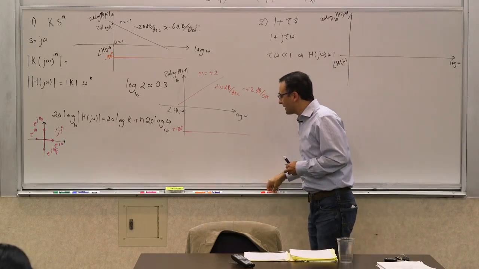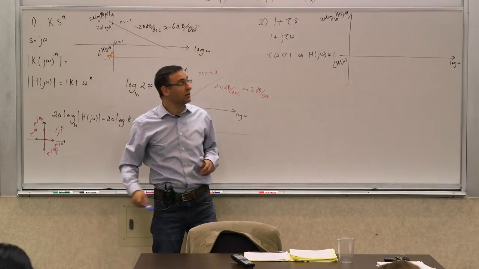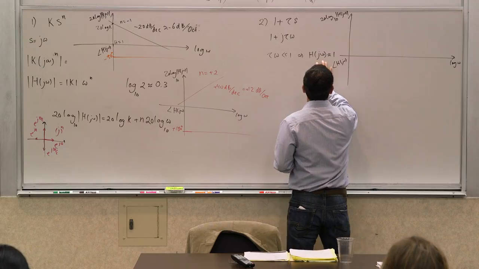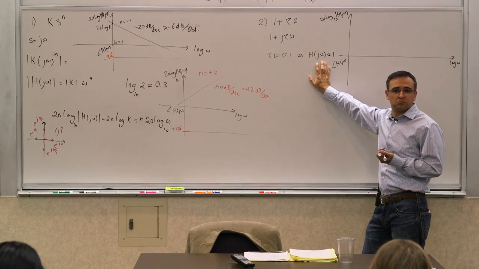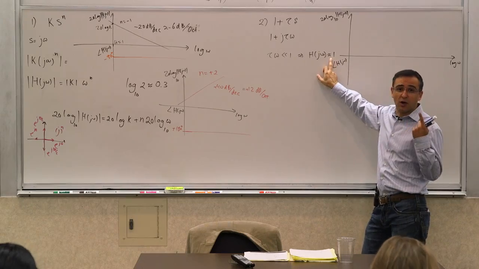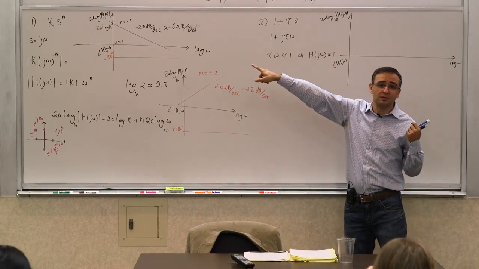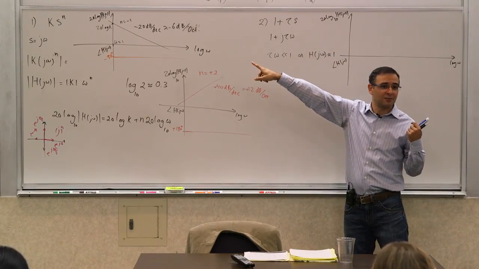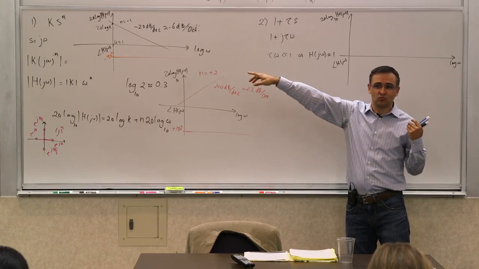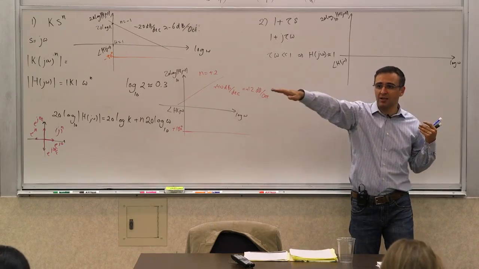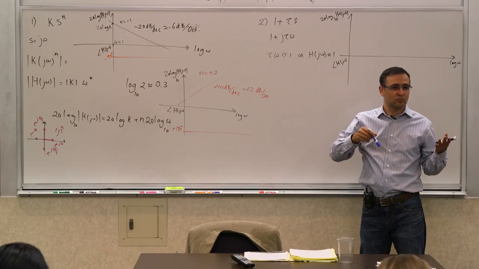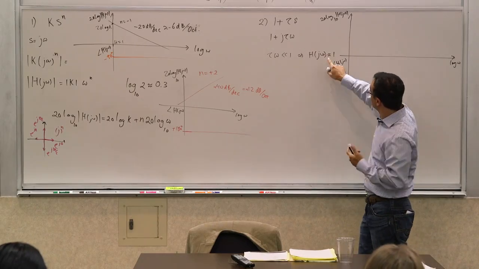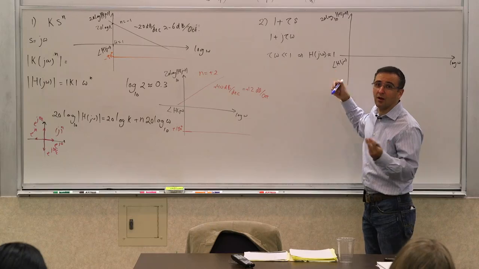So the magnitude part of it, if this were my transfer function, what would it look like? A transfer function of 1 gives a flat line at 0 dB, right? Because it's just 20 log base 10 of 1.